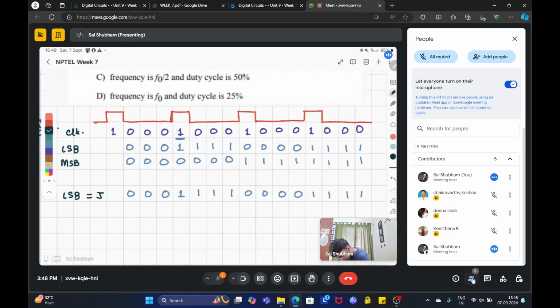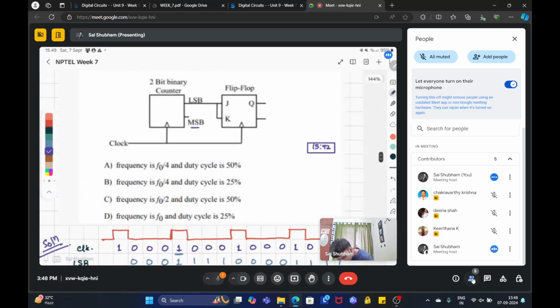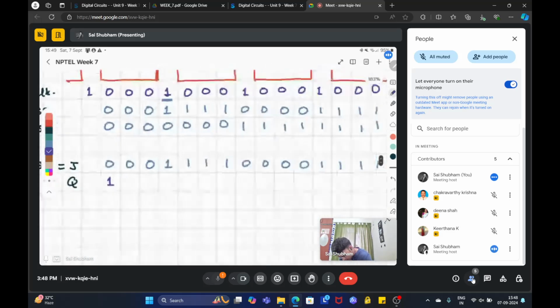So this is equal to J. Now Q, if you look at Q, whenever there is 1, it will toggle, right? So suppose initially the Q is 1.